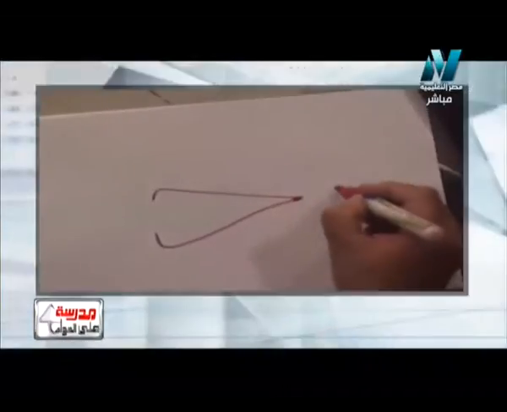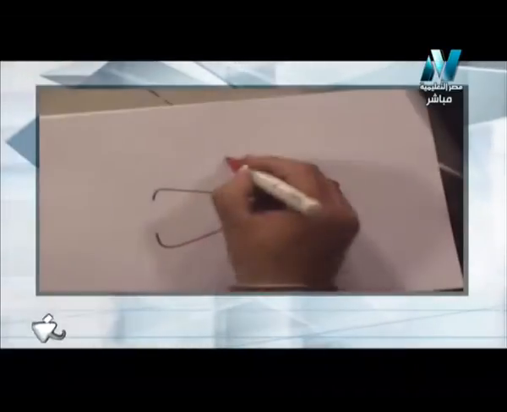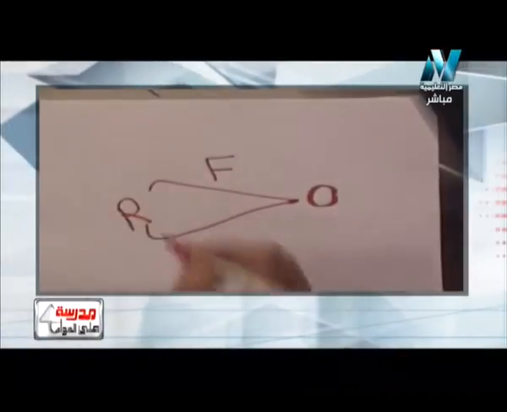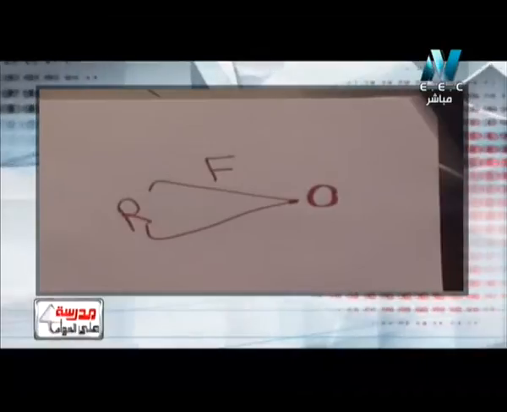Let's draw the tweezer together. The tweezer has 3 points: the fulcrum at this point, the effort force at the place of my hand, and here is the resistance. So we recognize that a lever contains 3 main points, which are resistance, effort force, and fulcrum.